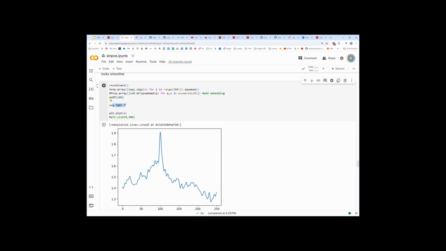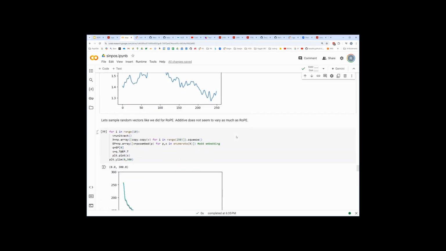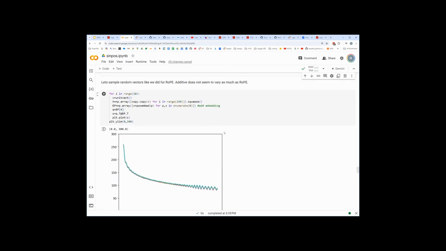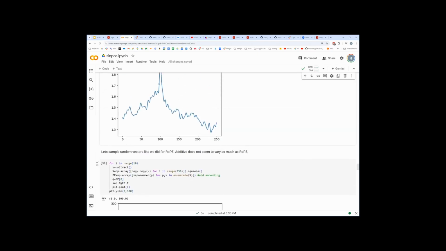So this is a query using the additive. This is a query against the same type of unit vector stream, using the additive position embedding. And we get something kind of similar-ish. And actually, this is slightly different where it's centered on the match, where here the match is out in the middle.